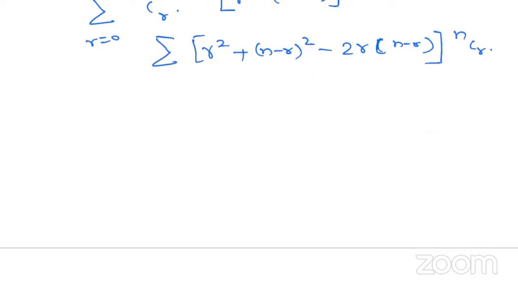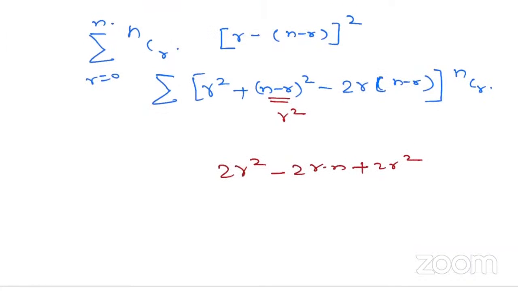Now see, we know that n minus r whole square, we can rewrite this as r square for the summation. So this is coming 2r square minus 2rn, right, plus 2r square into NCR, right?